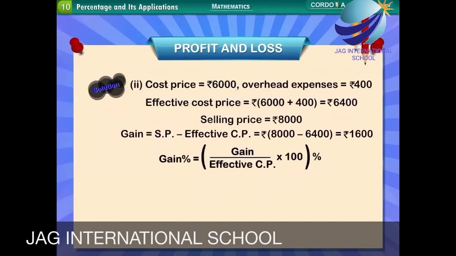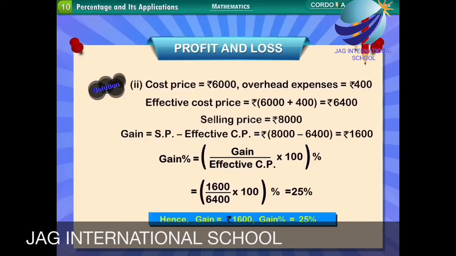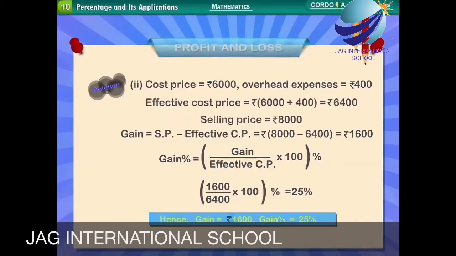Gain percent is equal to gain upon effective CP into 100%, which is equal to 1,600 upon 6,400 into 100%, which is equal to 25%. Hence, gain is equal to 1,600 rupees. Gain percent is equal to 25%.